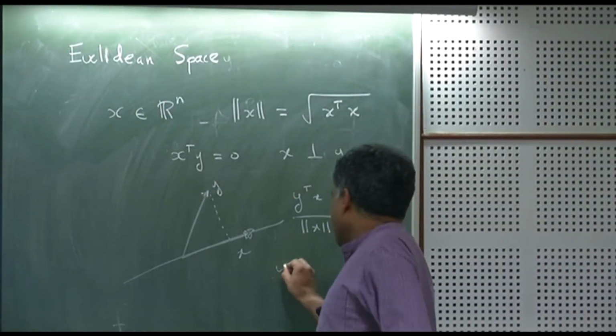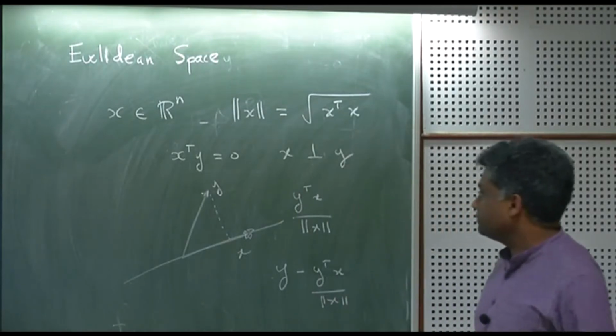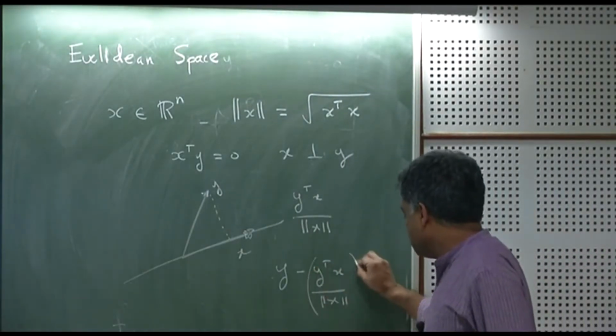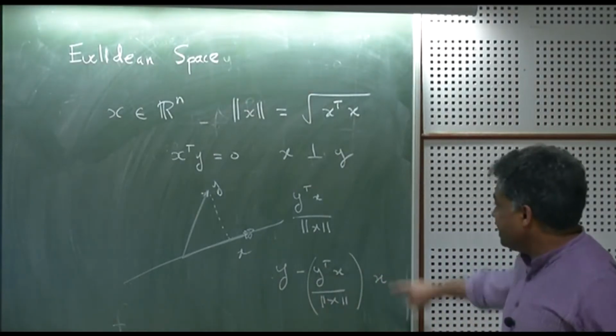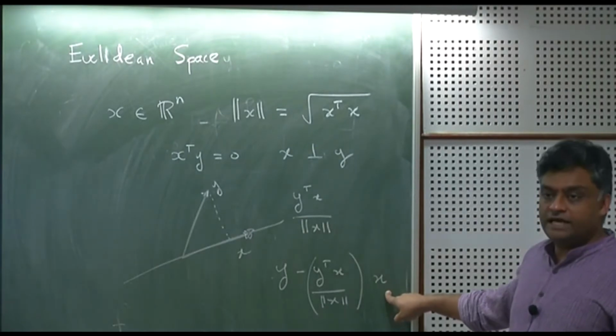And if I look at Y minus Y transpose X over the norm of X, what vector is this? I take the component of Y in the direction of X and multiply that with the vector X.